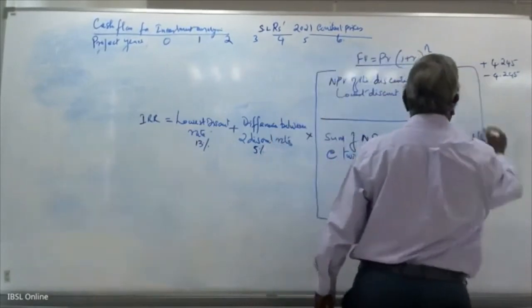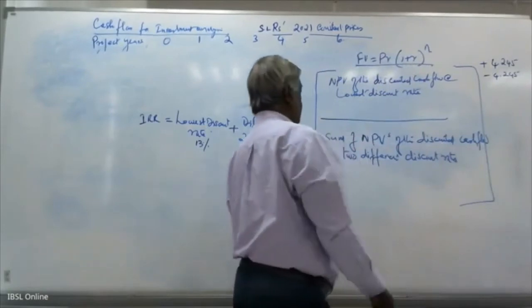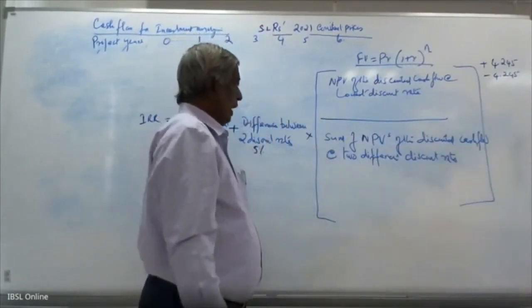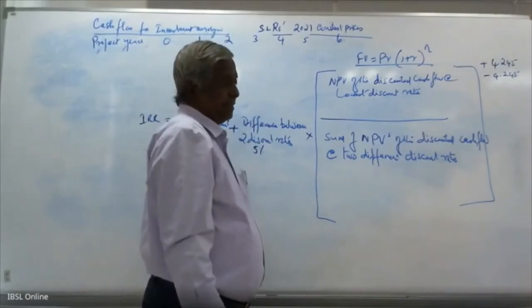Bracket close. Sum of NPVs of the discounted cash flow at two different discount rates.